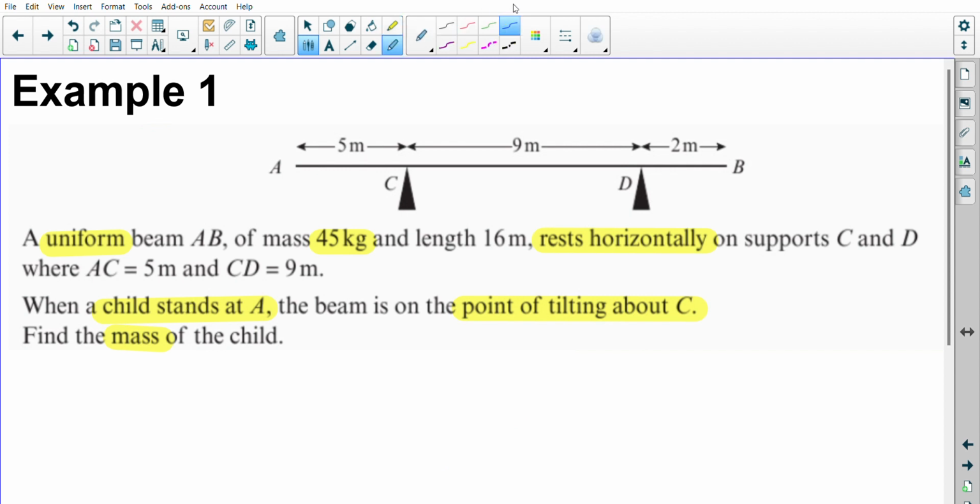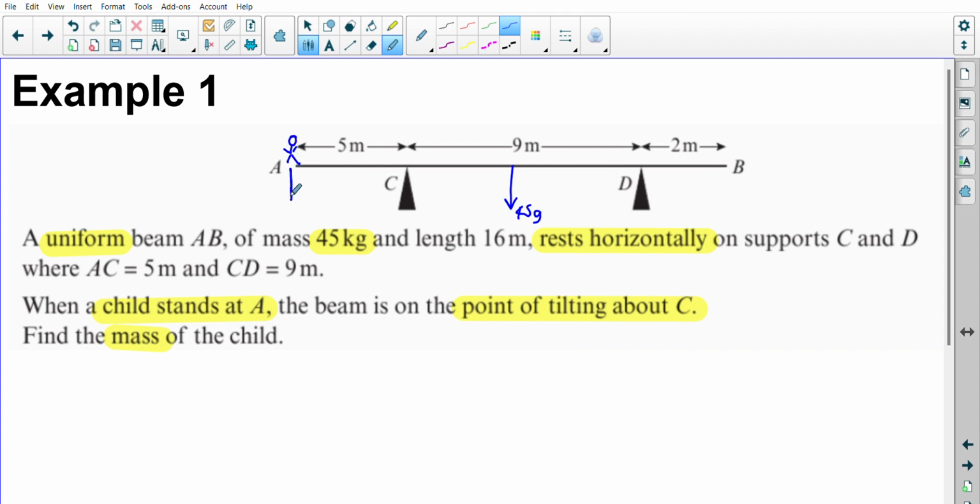So I'm going to add to my diagram. It's a uniform beam, so the weight acts at the midpoint. So I'll put the weight about there. So that's 45g. I'm going to put the child on. So standing at A, not standing in midair there, they're standing at A. I just didn't want to get in the way of the diagram.